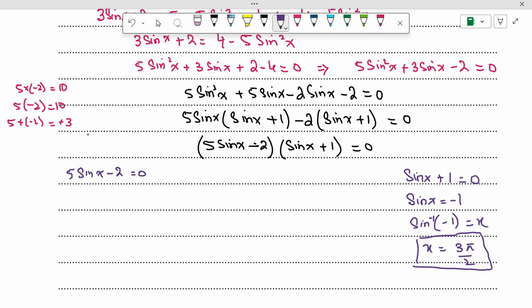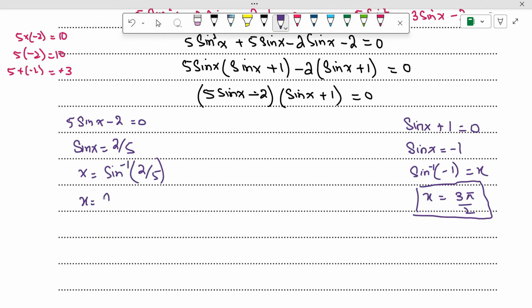And in this case we have sine of x is equal to 2 over 5, and x is equal to sine inverse of 2 over 5. So x is equal to sine inverse of 0.4, which is equal to, using a calculator we can find it, 0.411 radian.